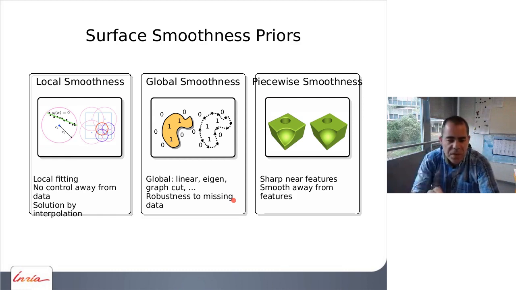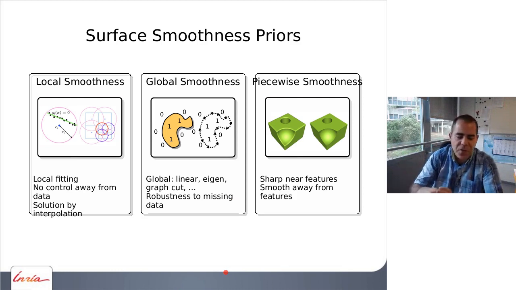There can be local smoothness on the left, or global smoothness with a very global variational formulation, with the capability to fill all the holes and generate a watertight closed surface. And on the right, piecewise smoothness, and so on. In the literature you have a huge number of publications, more than 500 for sure, with many different contributions for these priors.